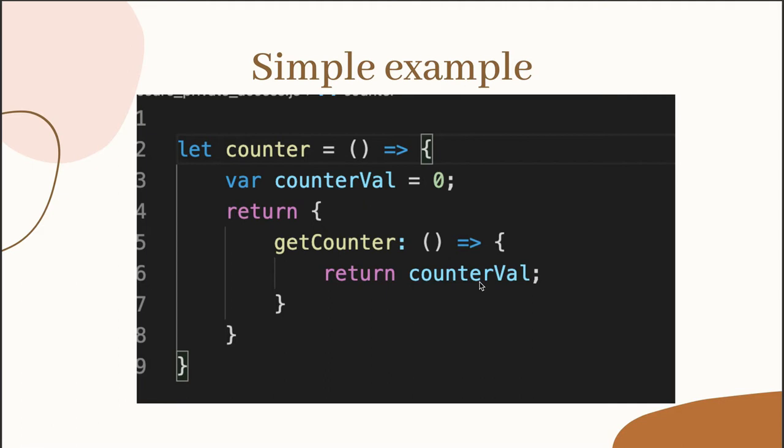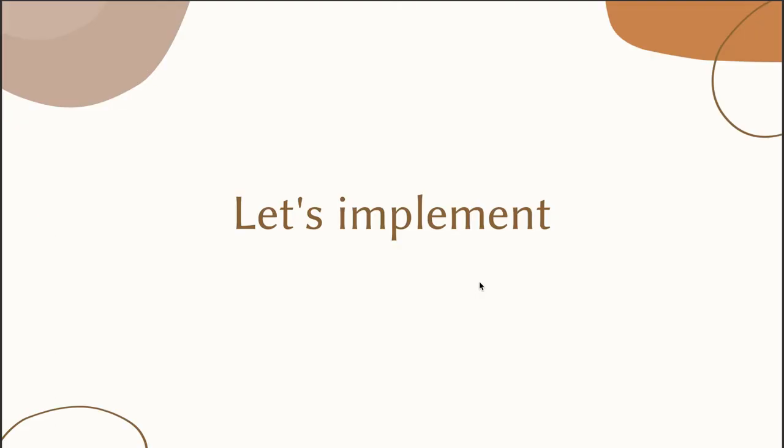This is a simple example, but the same applies when it comes to manipulating the counter value, incrementing or decrementing, or doing some operations on the counter val, which can be achieved through the closure functions. Let's go ahead and implement.